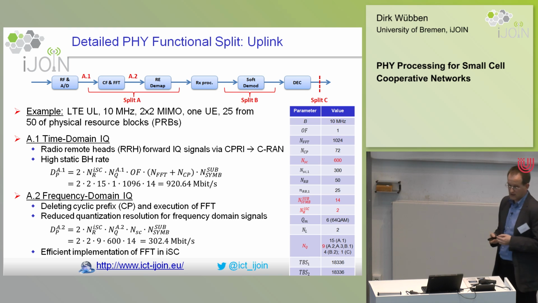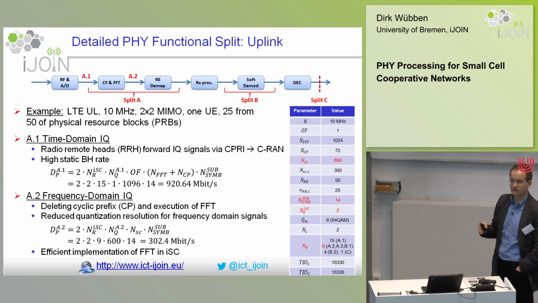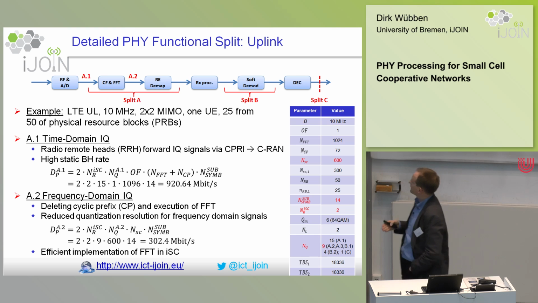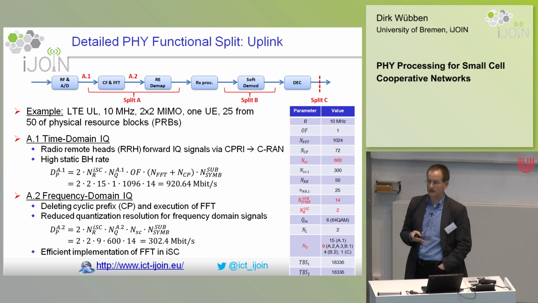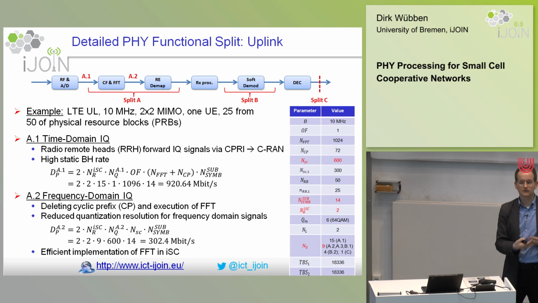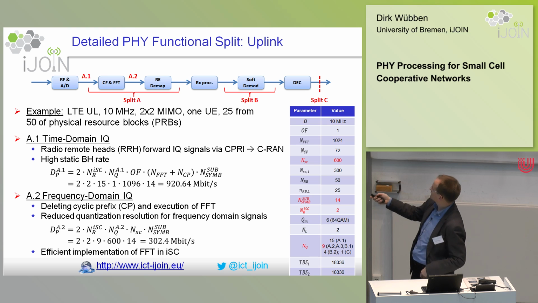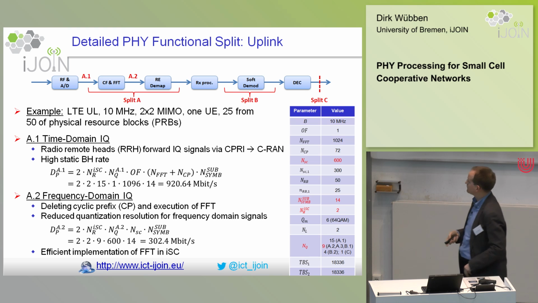Another possibility would be to go first into the frequency domain, to remove the cyclic prefix, and then go into frequency domain. Why? Because then for the frequency component signals, we may reduce, first of all, the numbers of quantization bits, here, for example, now to 9 bits.